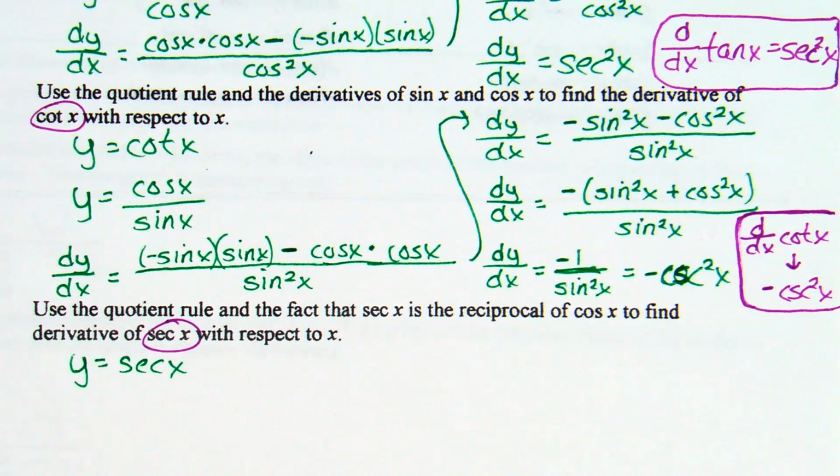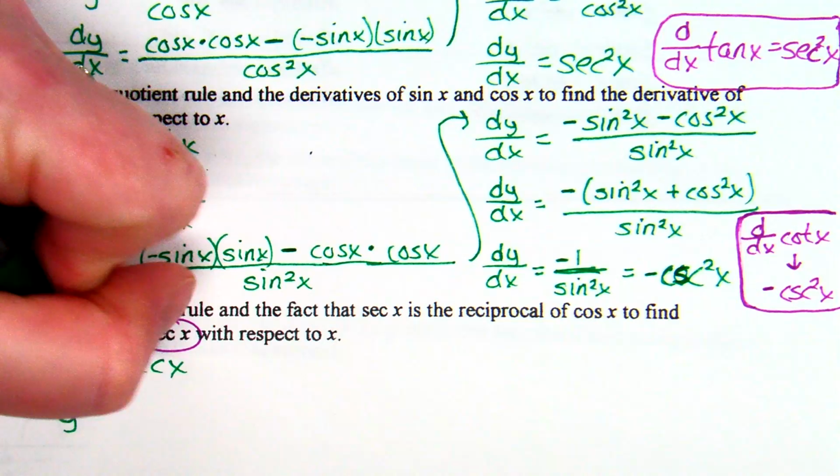And what hint did it give me? The fact that secant is the reciprocal of cosine. So secant can be rewritten as 1 over cosine x. And I know the derivative of cosine, yes? So I'll be able to do this.